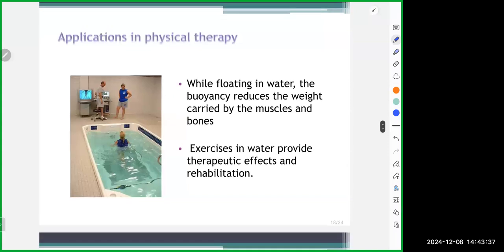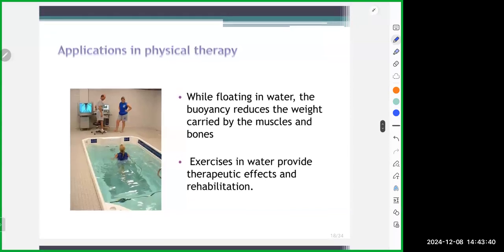So an application of buoyancy force is, for example, floating in water. The buoyancy will reduce the weight carried by muscles and bones. And this therapy would help some injured patients. Sometimes they cannot walk, they cannot run.